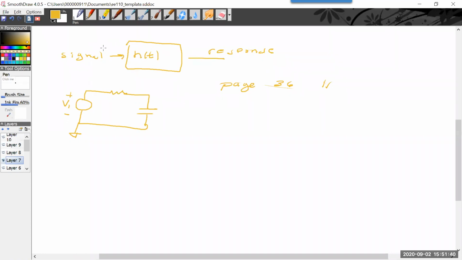And so the impulse response is, if I put in a delta function, well, then I get h(t). And so it's the fundamental description of a system.